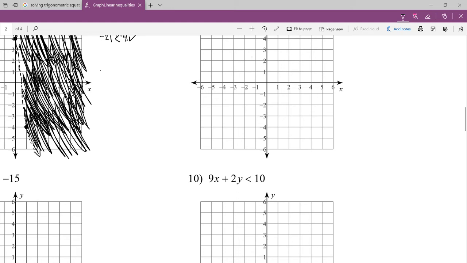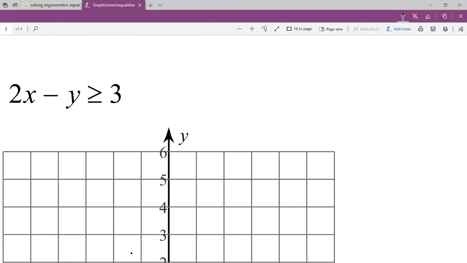So we're probably gonna do one more. We have 2x minus y is greater than or equal to 3. Again, what you want to do is solve for y.